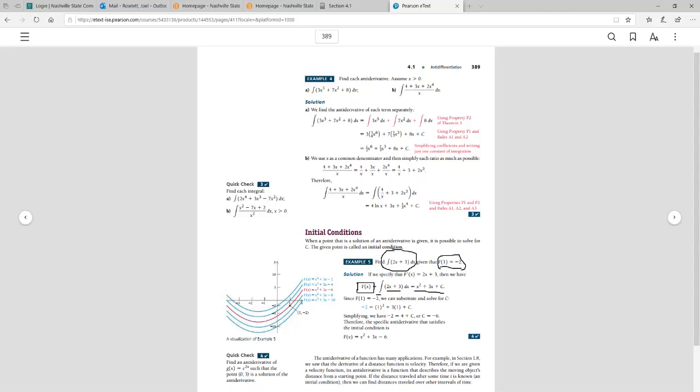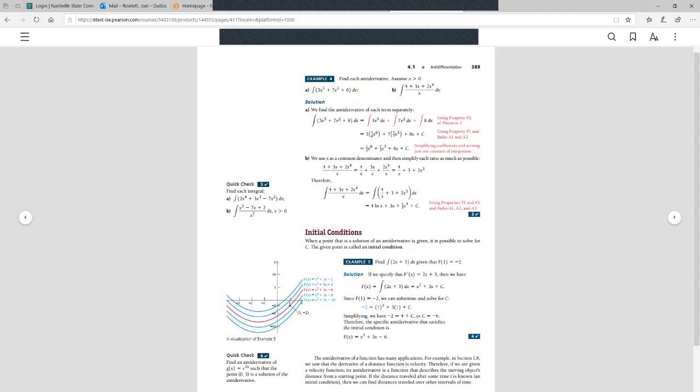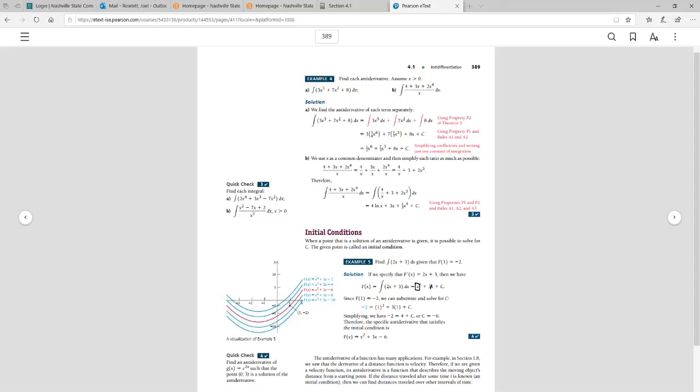And we know that if x is 1, then capital F of 1 is negative 2. So all they did was substitute 1 for x here, and 1 for x here. And of course, capital F of x has to be negative 2. They gave us that information. That means that negative 2 would be equal to 1 squared plus 3 plus c.